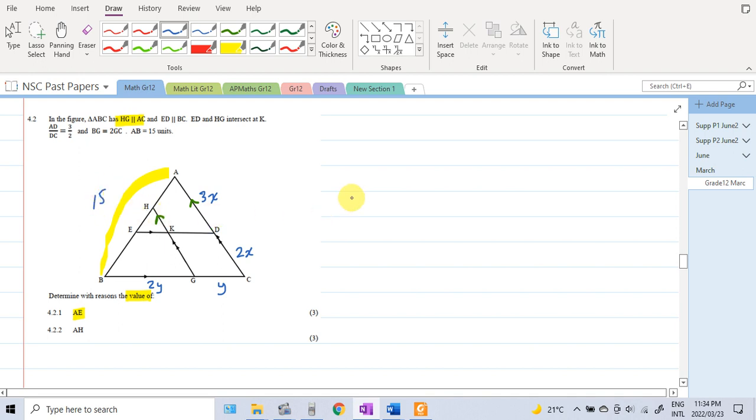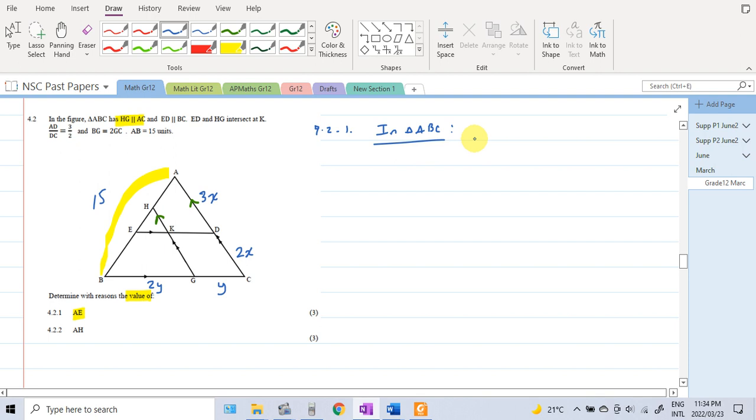Now since AB is 15, we will take triangle ABC, 4.2.1. In triangle ABC, I like to write down the triangle first where I'm applying the proportionality theorem. I'm looking at ED parallel to BC, so we should be taking that over AC, remember, because AE is my unknown.